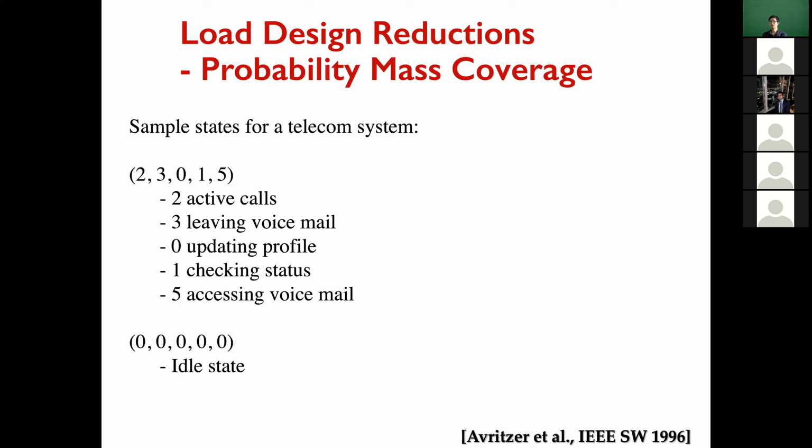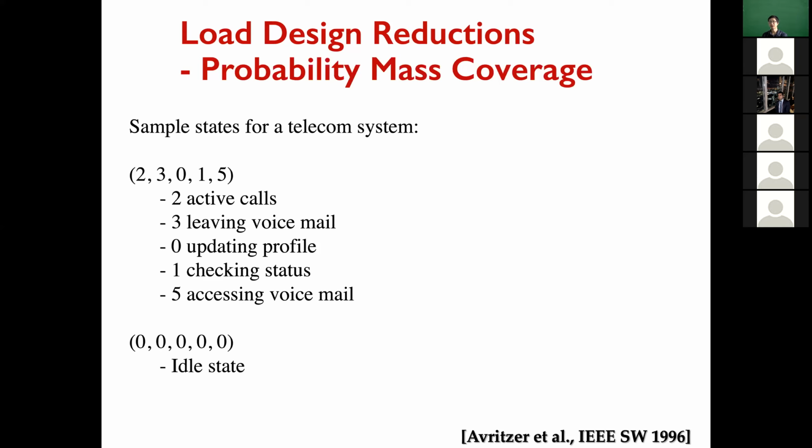This is one usage pattern: during a period of time, there are 2 active calls, 3 leaving voicemail, 0 updating profile, 1 checking status, 5 active voicemail. These are the action patterns within, for example, 5 minutes. Another state is all zeros, the idle state where people do nothing within 5 minutes.